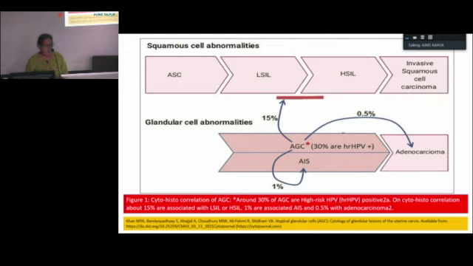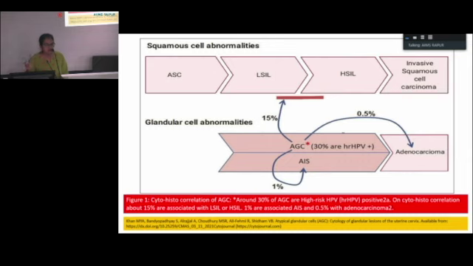Out of the three categories in glandular cell abnormalities, the atypical glandular cell category is the largest. Of these atypical glandular cells, 30% of the lesions are associated with high-risk HPV, so 30% will be positive for high-risk HPV types. When we give a diagnosis of atypical glandular cells in cytology, it means not just glandular abnormalities, but other differentials as well.